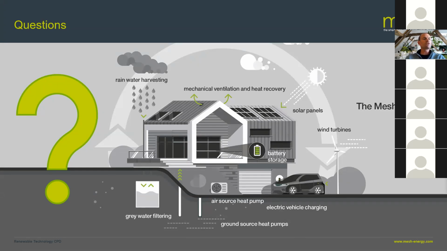Syed says, apart from IES, are there any other software that does the TM52 and TM59 results? I believe, and I'd have to ask some of our other colleagues, that any dynamic building physics thermal modeling software will be able to do TM52 and TM59 results. I know within IES, there are various bespoke scripts that are used to produce those specific results.